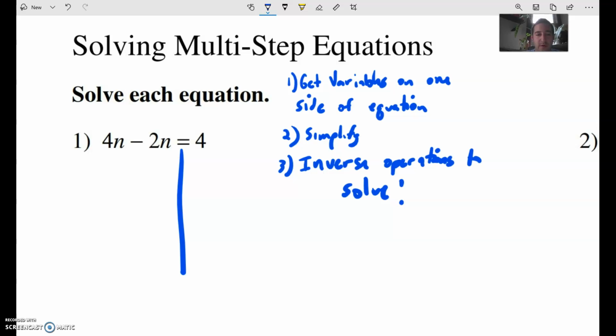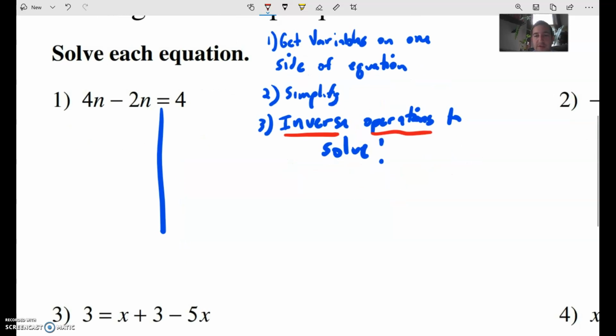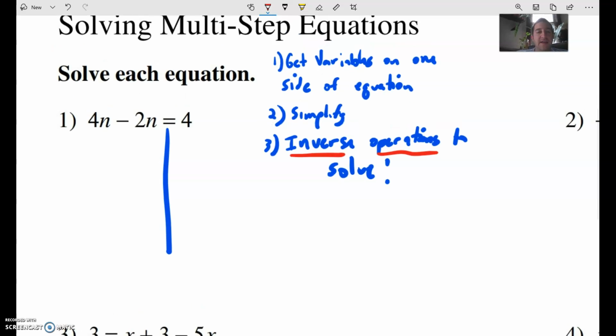Before we start number 1, I just want to remind you what inverse operations are. Inverse operations are when, if I need to move something to the other side of an equation. Let's say, I don't need to do this, but let's say I wanted to move this negative 2n over here. Well, the way you have to do that, moving something from one side of an equation to another, is you have to kind of undo the operation.